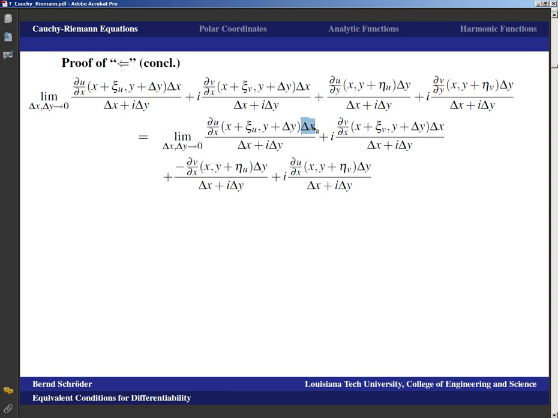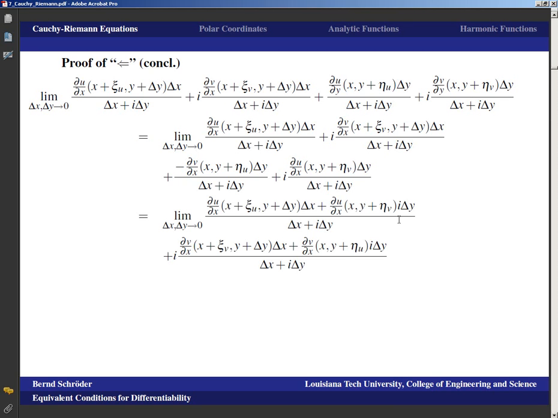Well, I've got a delta x here. I've got i delta y's here, as well as i delta x's here. And so I just need to sort that out the right way. And so that's exactly what's happening in the next step. We've got the du dx now with a delta x as well as with an i delta y, and so that's how I sort those out.